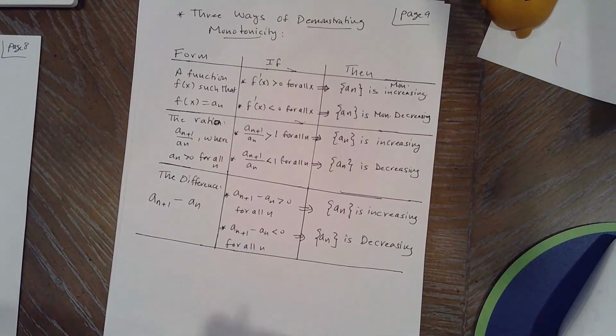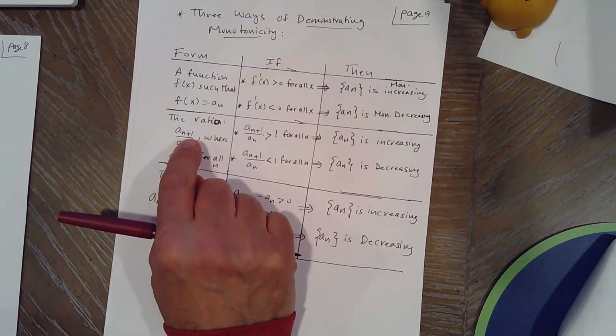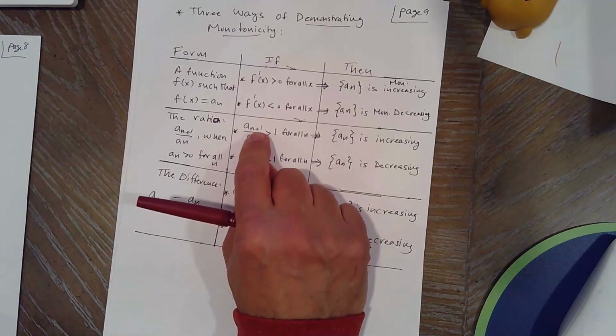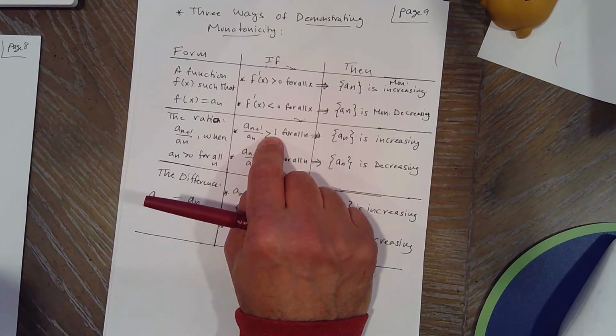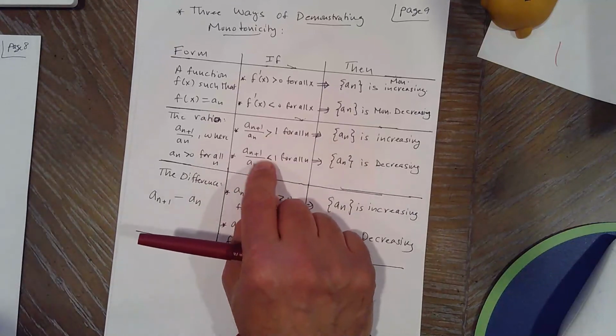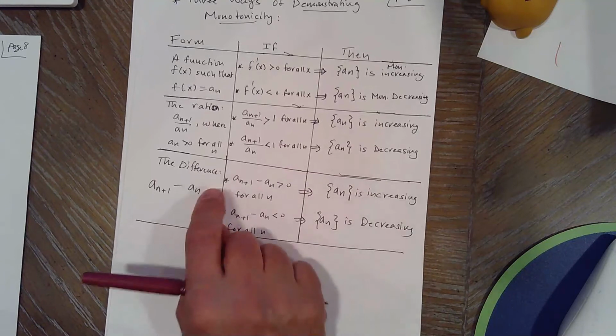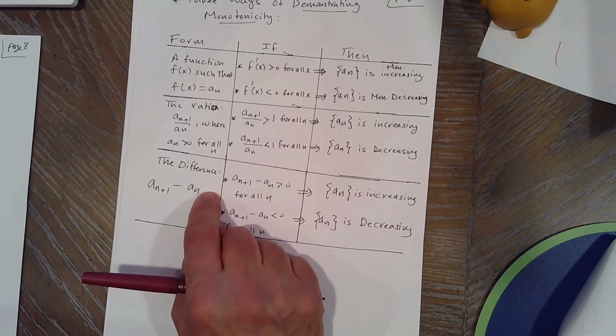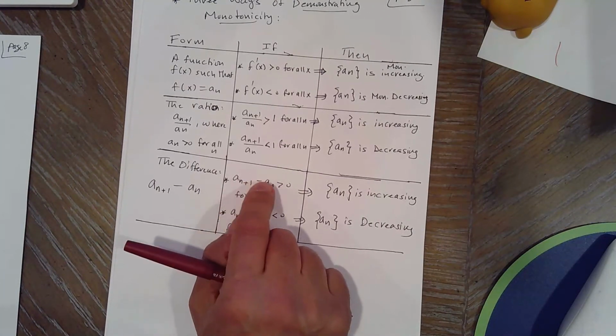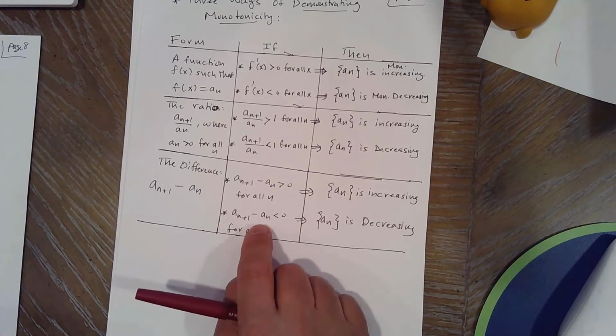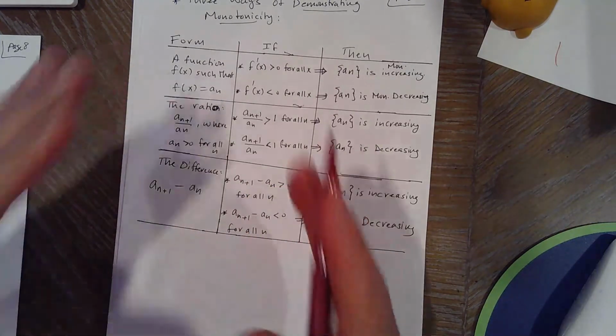Or you could do the ratio of the terms, a_(n+1) over a_n. If it's greater than 1, that means a_(n+1) is greater than a_n, so the sequence is increasing. If it's less than 1, that means a_(n+1) is less than a_n, so it's decreasing. Or you can do the difference. If the difference between the next term and the current one is greater than 0, then it's increasing. If it's less than 0, then it's decreasing. So there are 3 ways, depending on the problem. We don't know which one is easy. Sometimes one is easy, the other isn't.